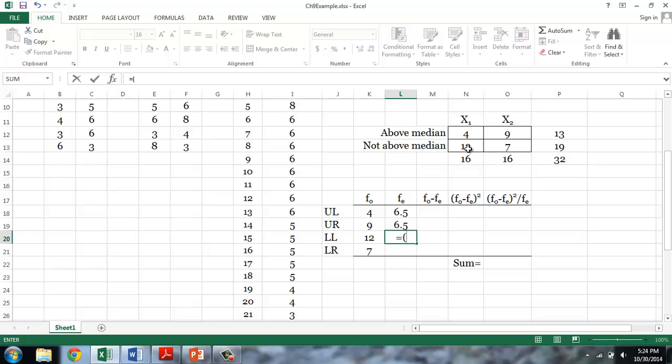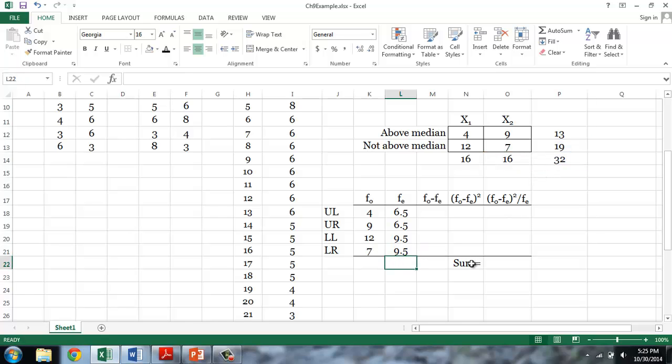For the lower left cell, which is 12, our expected frequency is the row total, or 19, times the column total, or 16, divided by 32, or 9.5. And similarly, for the lower right cell, which has 7 observations, is equal to 19 times 16 divided by 32.